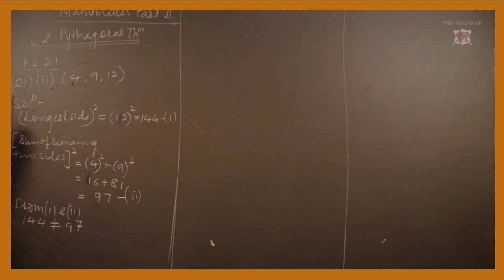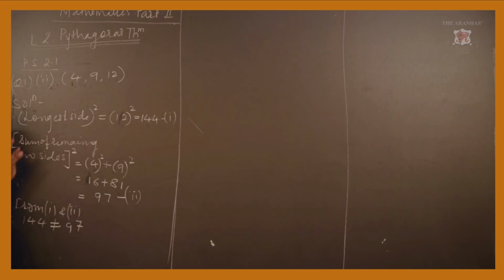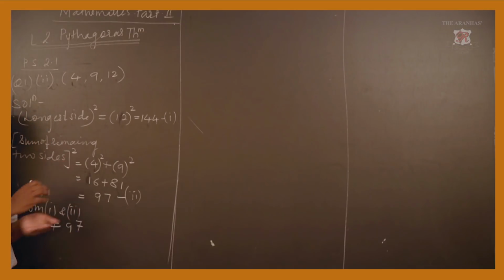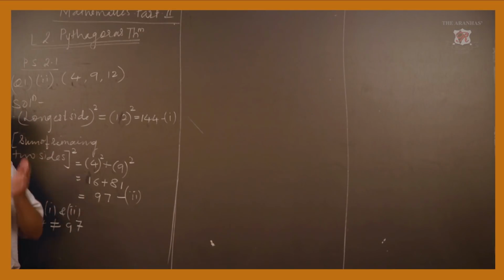In the first example we did with 3, 4 and 5, if you remember, that time it matched. Every time this example is going to tell us that when three sides are given, not all belong to Pythagorean triplets. Those who follow the rule are known as Pythagorean triplets, and those that do not follow it are not Pythagorean triplets. So we can mention that.